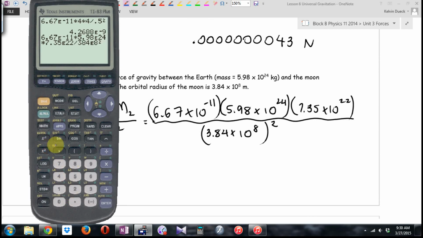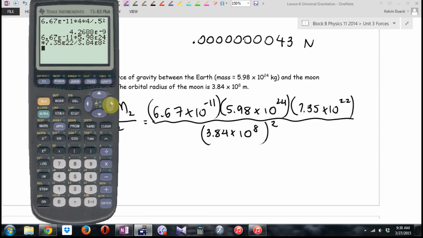I know my calculator will work typing it that way. I'm pretty sure. 6.67 scientific notation button, negative 11, times 5.98 scientific notation button 24 times 7.35 scientific notation button 22 divided by 3.84 scientific notation button 8 squared.